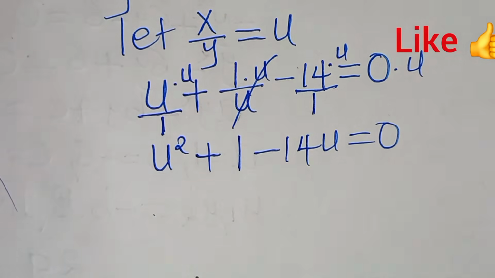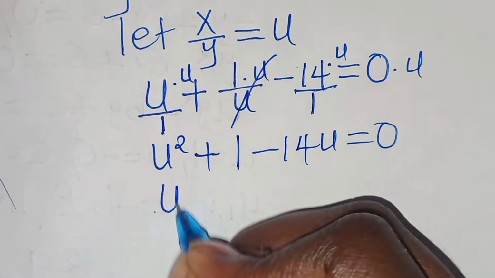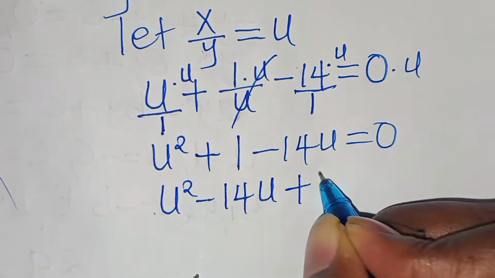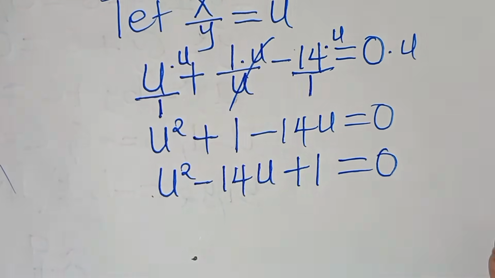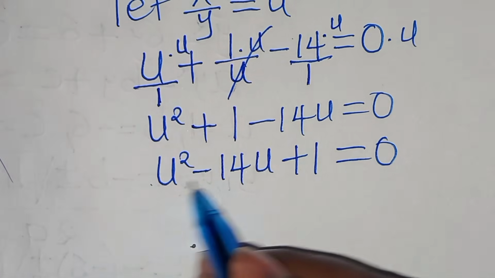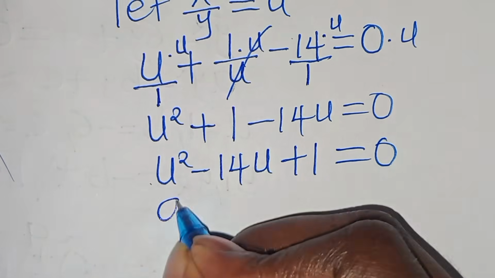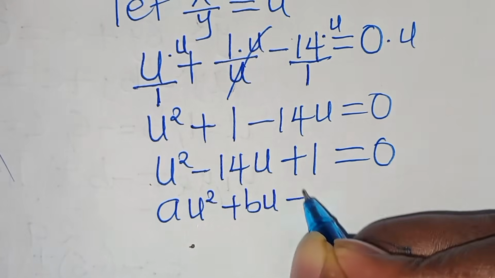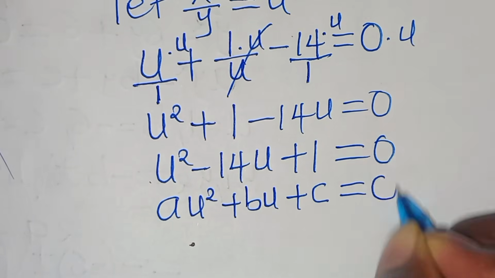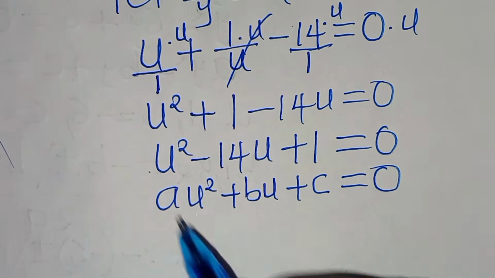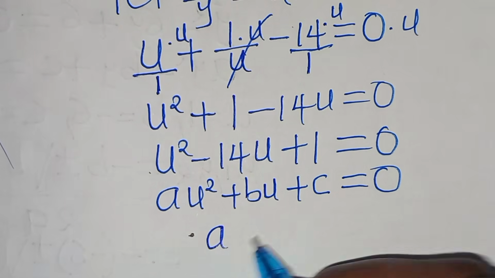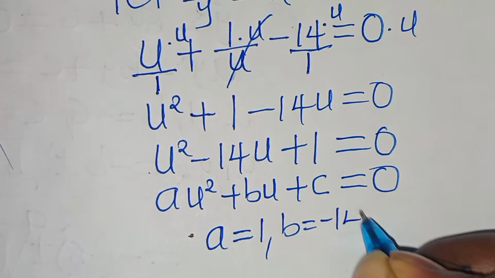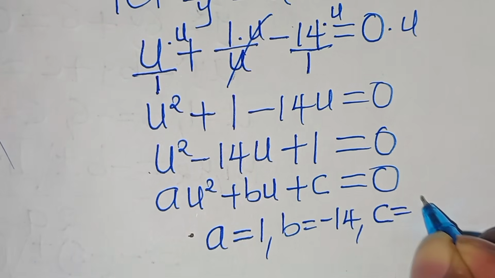Let's rearrange this equation so that we have u squared minus 14u plus 1 equal to 0. So this is a quadratic equation of the form a u squared plus b u plus c equal to 0. From this quadratic equation, a is equal to 1, b is equal to minus 14, and c is equal to 1.